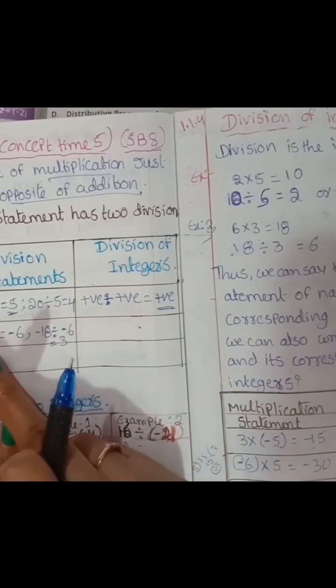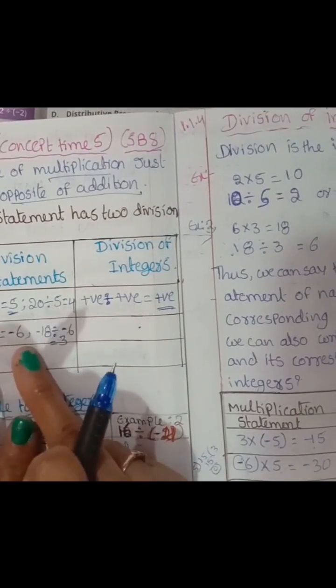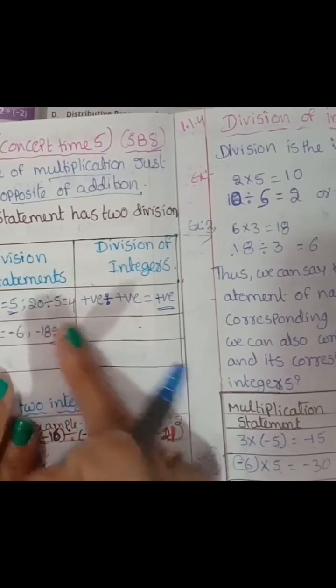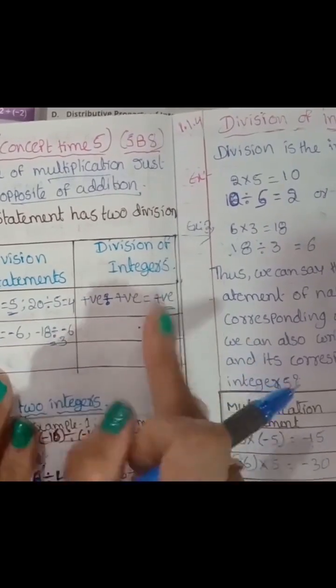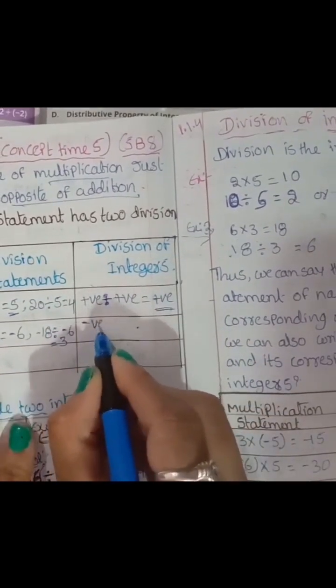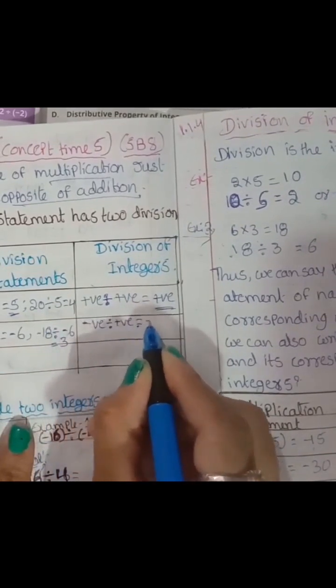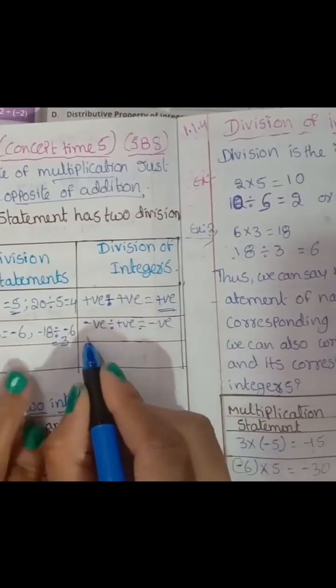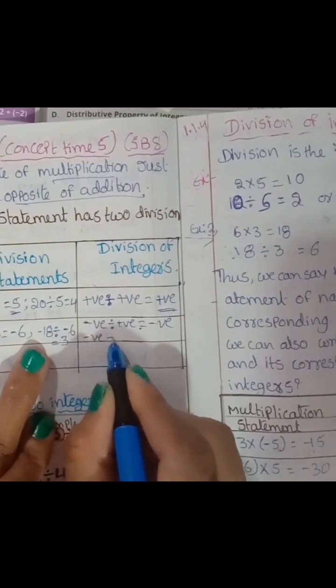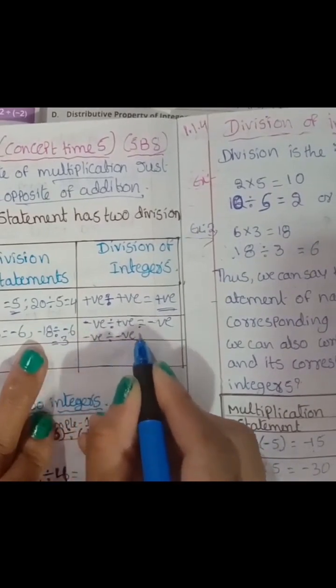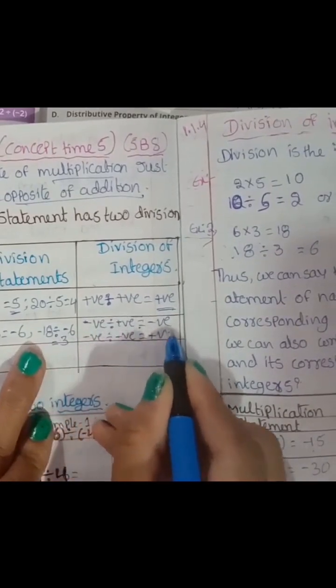A negative integer divided by a positive integer gives a negative integer. Write these two. Division of integers: negative integer divided by positive integer, we get a negative integer. Another one: negative integer divided by negative integer, we get a positive integer.